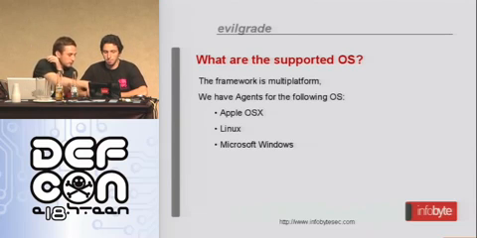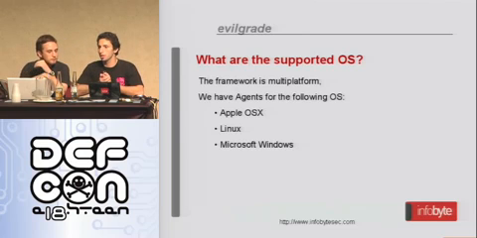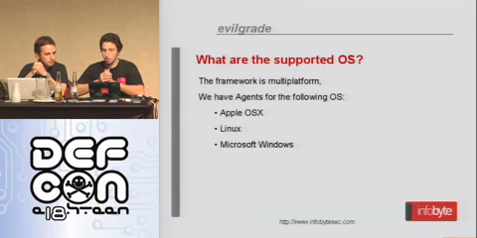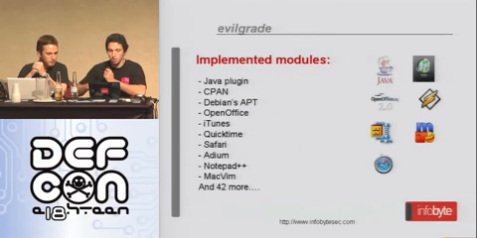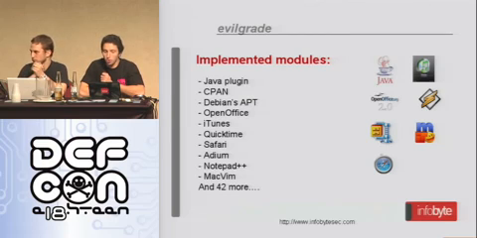The framework is multi-platform. Only the module has to attack the update process of the application that you are going to attack. In this new version, the operating systems you have are Apple, Linux, and Microsoft. Some of the modules can attack the update process of the applications and the operating system. These are some of the modules: Java, CPAN, Debian APT, OpenOffice, iTunes.